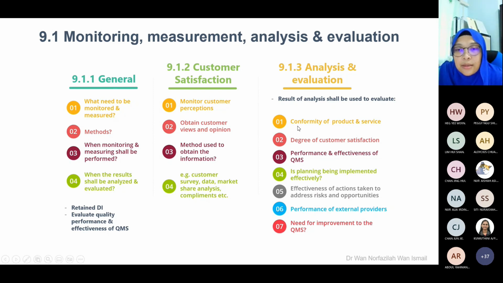Check whether it conforms with your customer's requirement or not. Or sometimes whether it conforms with the requirements of ISO 9001. That is conformity of product and service.